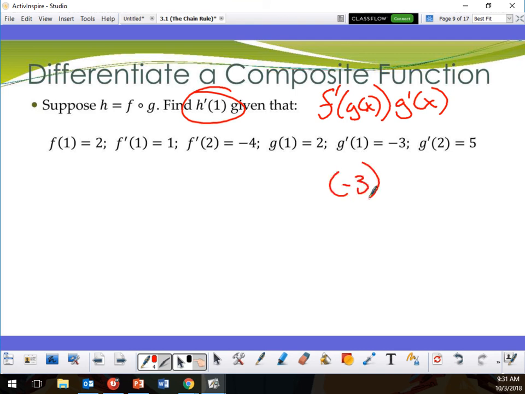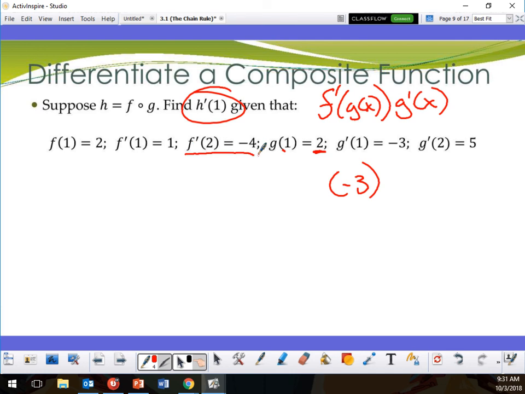Now we know that 1 is going into g. So g of 1 is going to give me 2, isn't it? So what goes into f prime? 2 goes into f prime, so that's my f prime of 2.